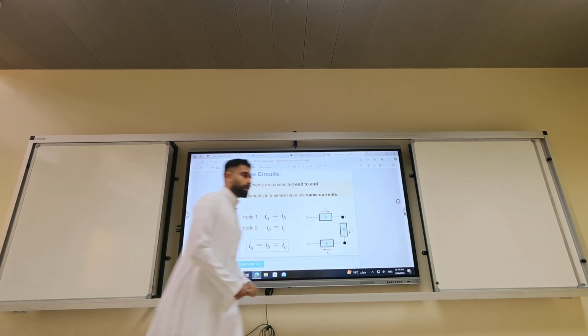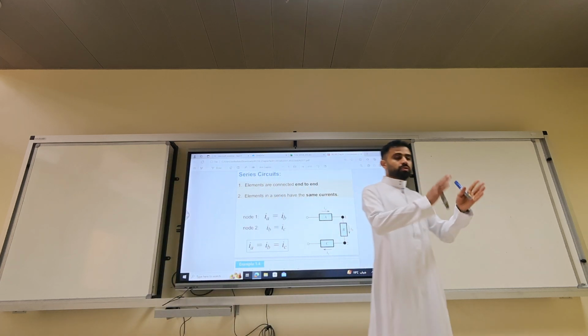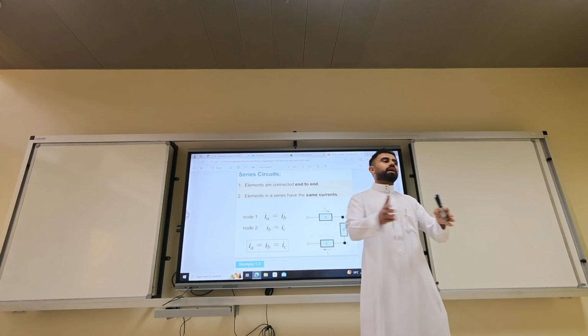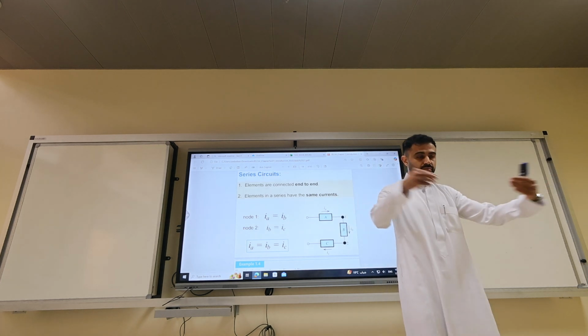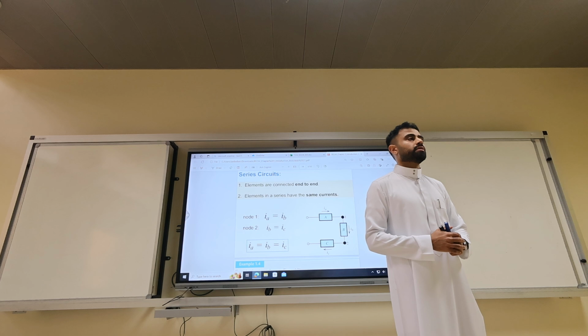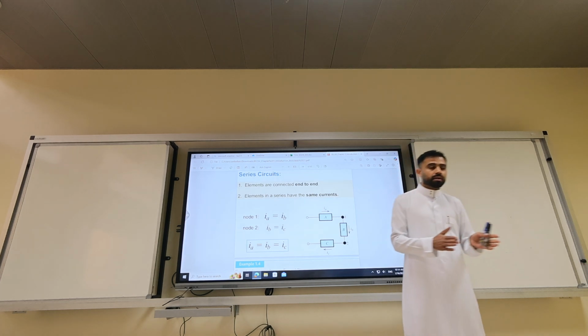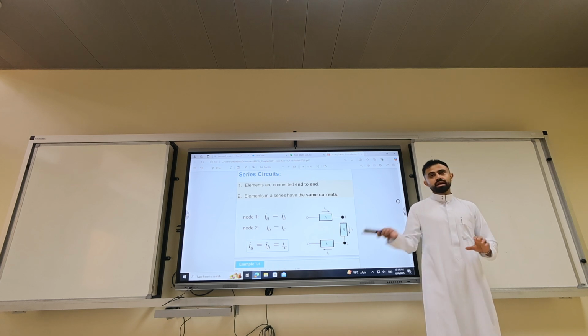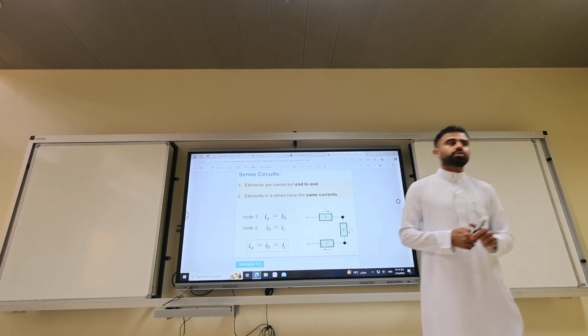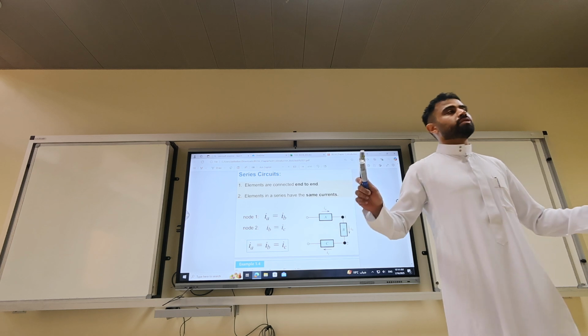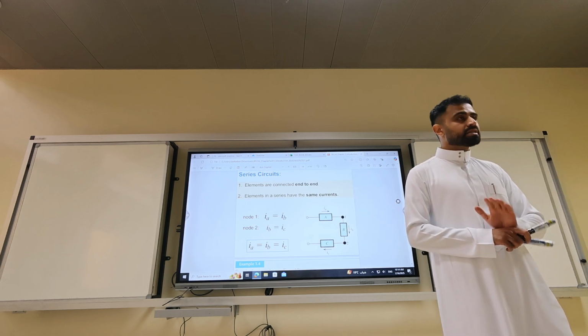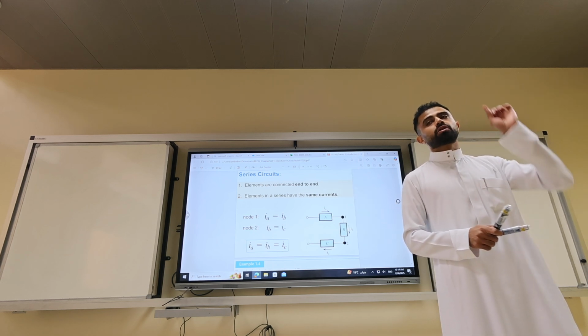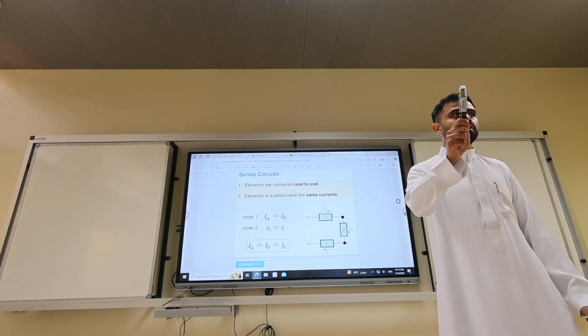Okay, series and parallel. If two elements are in series, it's like having pipelines that are welded together. If they are in parallel, it means they share two nodes. So series, they share one node exclusively, just one.